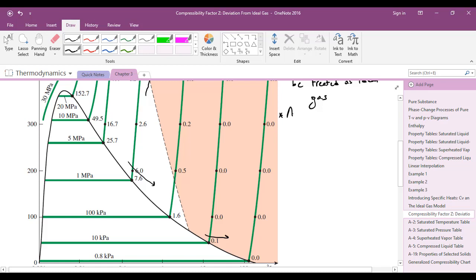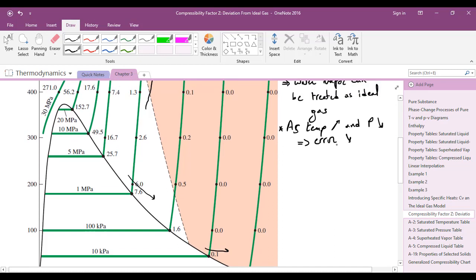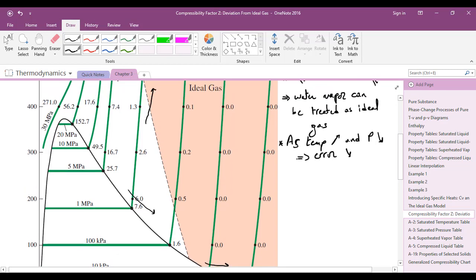So as temperature increases and pressure decreases, the error will decrease. This complies with what we said before: higher temperature and low pressure means low density, so gases with low density can be treated as an ideal gas.